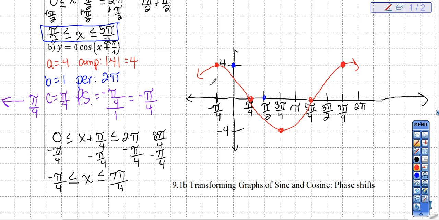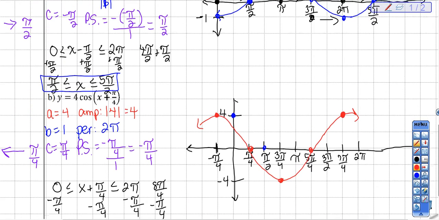The tip that I'm going to give you here is this. I am asking you to draw accurate scales on your graph. So if by chance, and it's going to happen, you have a phase shift of, say, pi over 6.